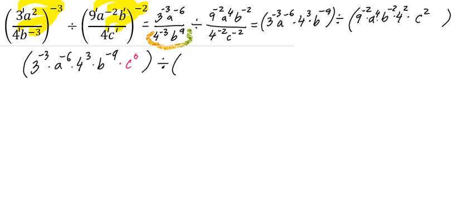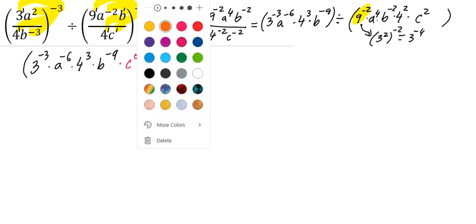Now, before we move on, I want you to look at that 9 to the -2nd. We can really write that as number 9 is 3 to the 2nd, and then we can raise that to -2, so it really is 3 to the -4. So I'll use a different color here as well.